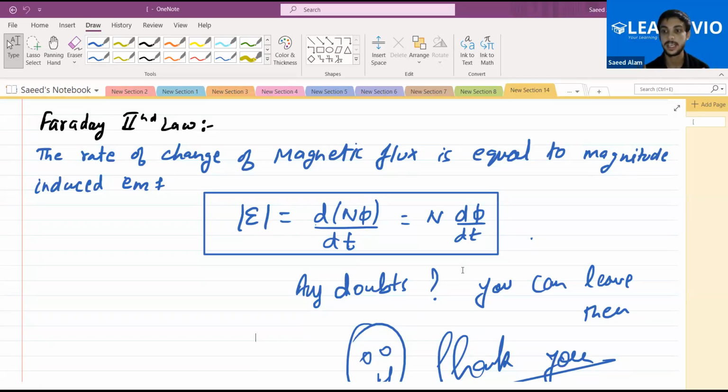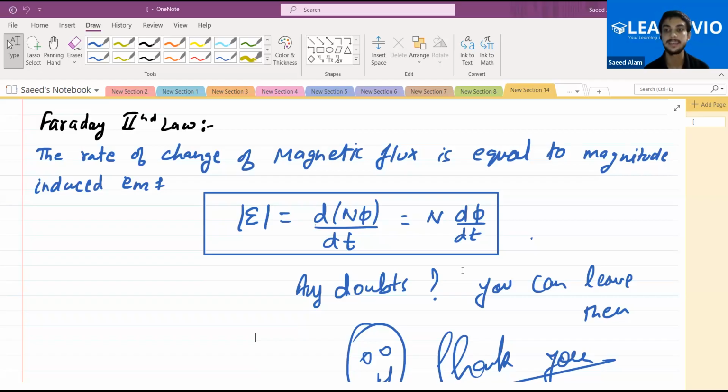In the first expression, we had just told that if the flux changes, EMF will be induced. How much it will be induced, we don't know. But after that, we reached a particular expression that tells us EMF will be induced, and how much, we'll get from this expression. Yes or no? Yes, sir.